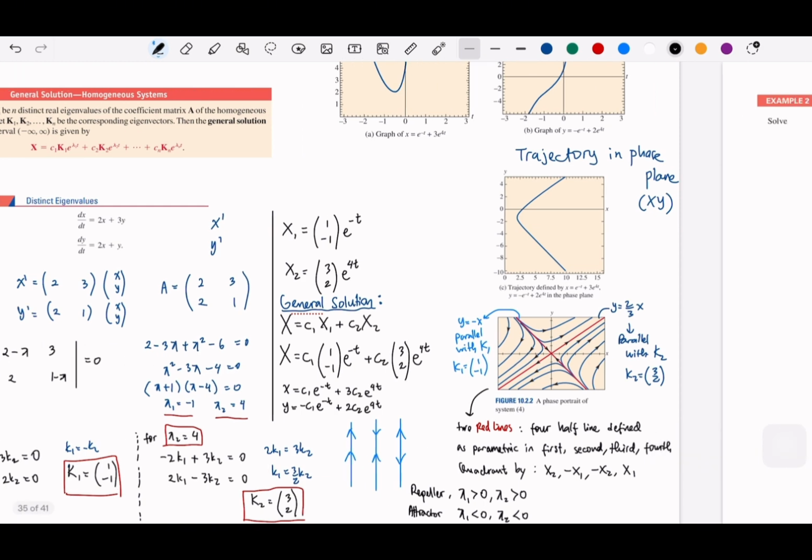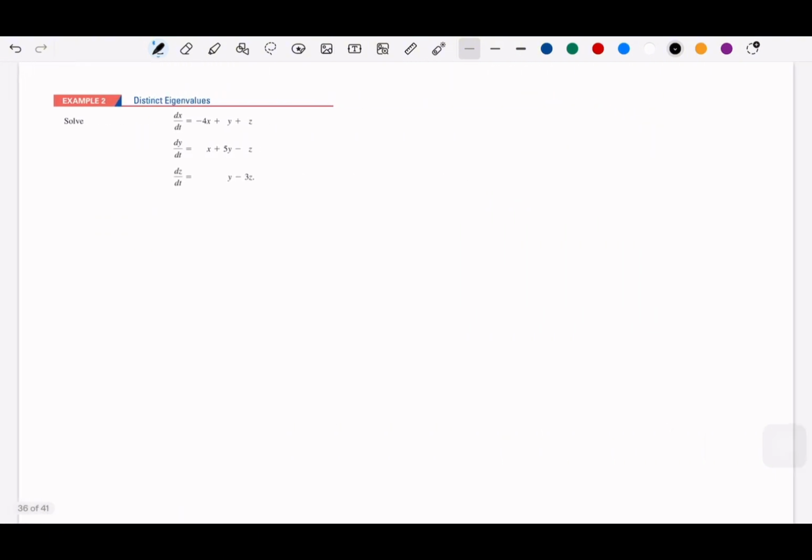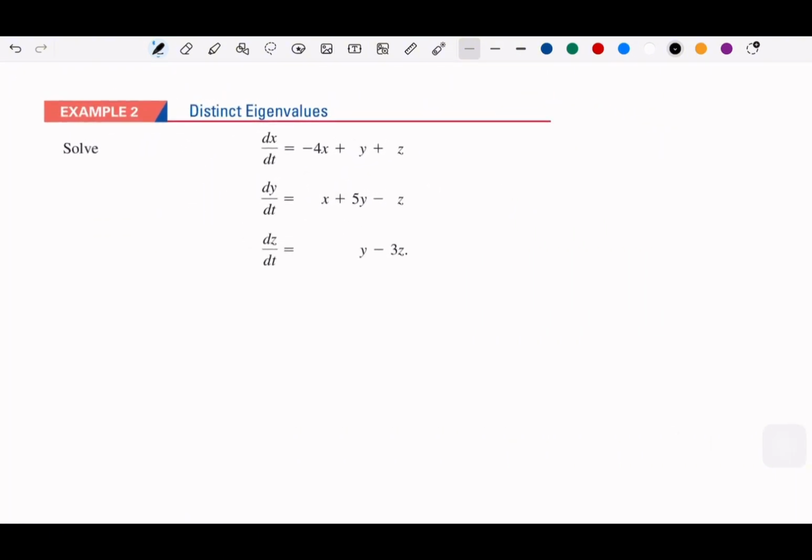Okay, let me continue with the other example. Now we have three differential equations, so we have variables x, y, and z.